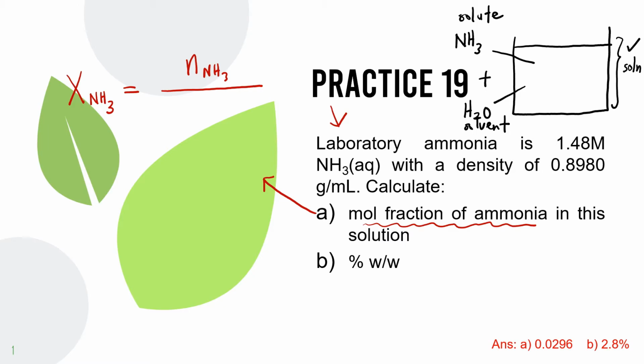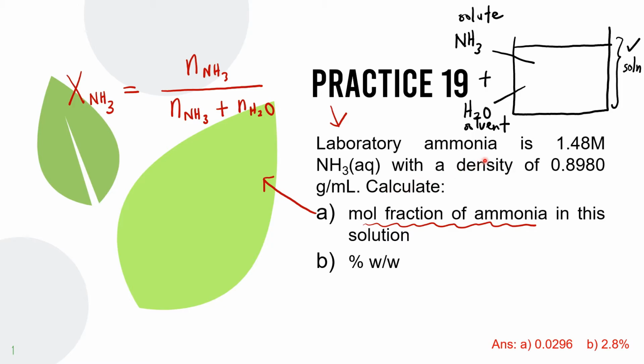So in this case, how many components are in this solution? Definitely we have two components, one for ammonia and one for water. So below is N for ammonia plus N of water. So to get the answer for question A, you need to find N of ammonia and also N of water, which is the solvent. If you look at this question, there is no information at all regarding the number of moles of ammonia and water.